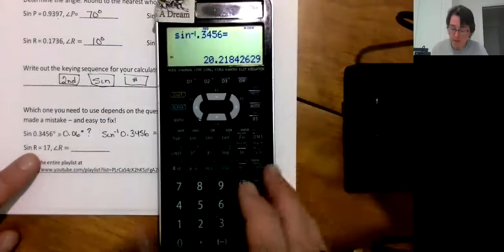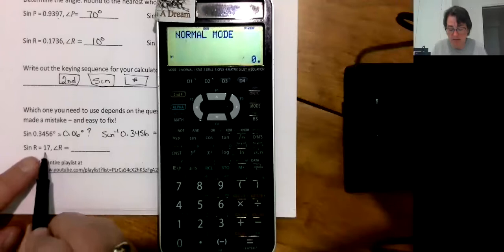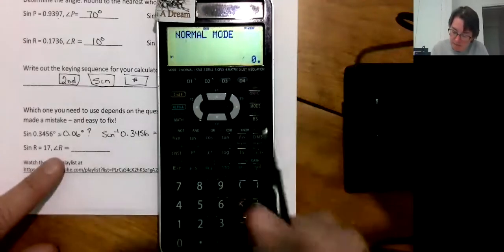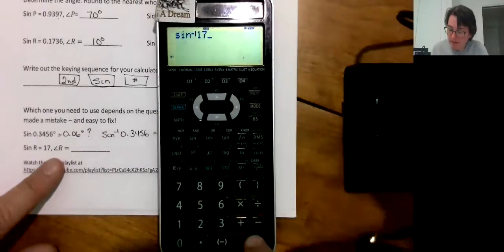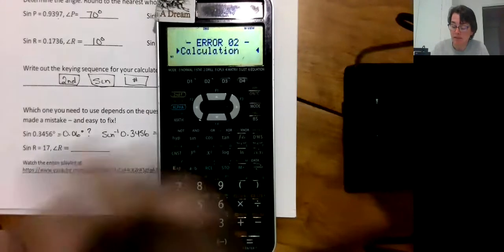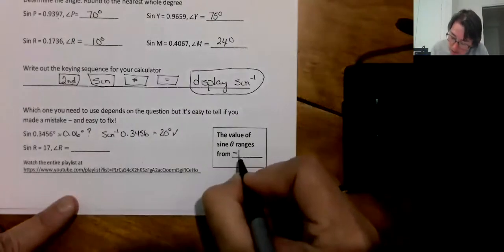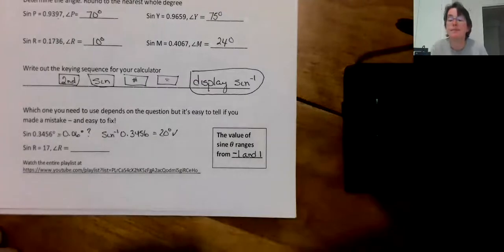Now, the other one, if I do sine r is equal to 17 degrees, so if I'm looking for my angle, I should use my inverse. Second sine 17, it's going to give you an error. Sine values range between -1 and +1.